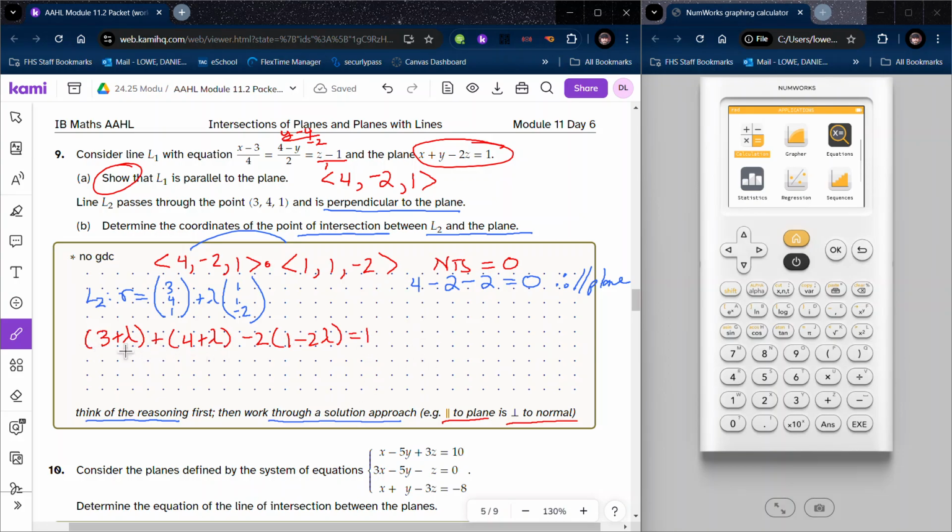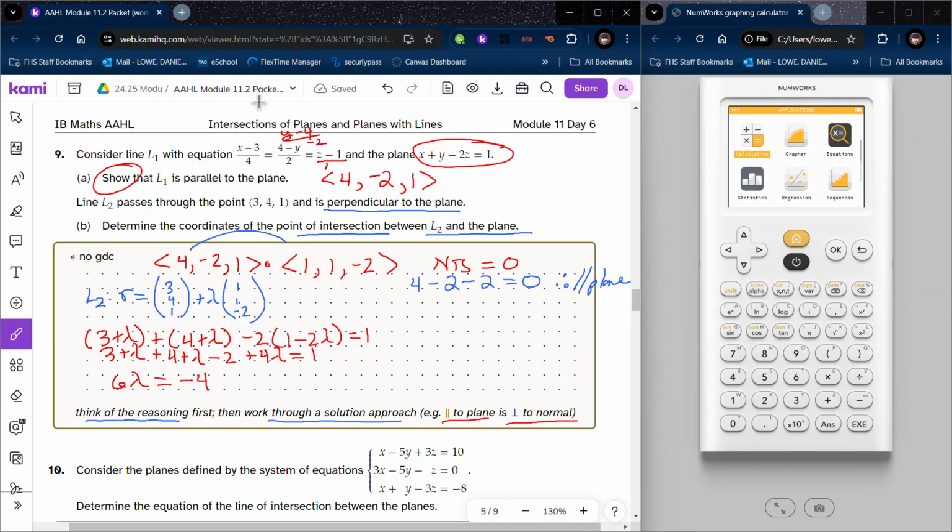If I distribute and gather terms, that's 3 plus lambda plus 4 plus lambda minus 2 plus 4 lambda. All of that must be equal to 1. So 1 lambda, 2 lambda, 4 lambda. So 6 lambda must be equal to 3 plus 4, that's 7, minus 2, that's 5.